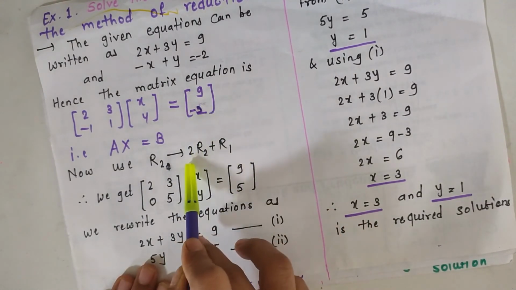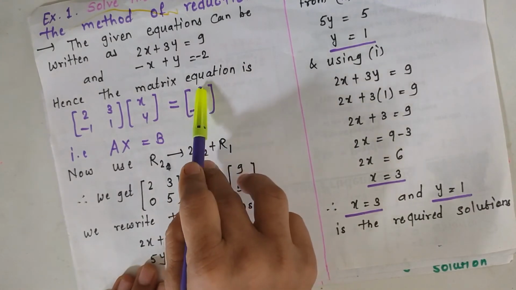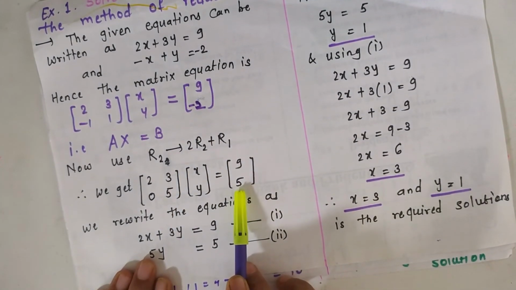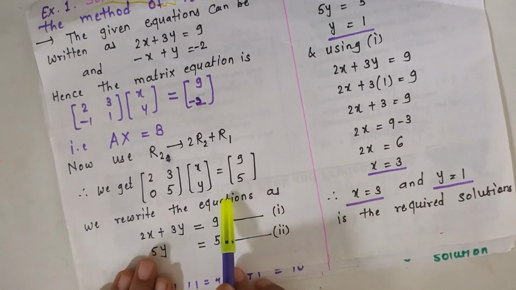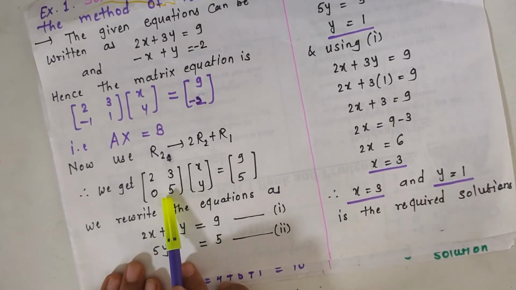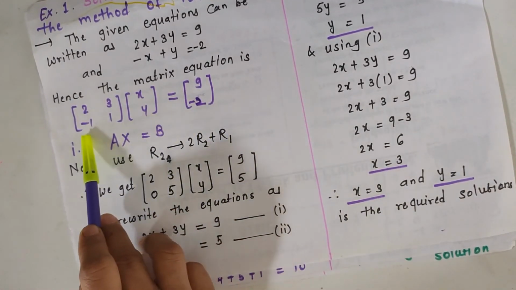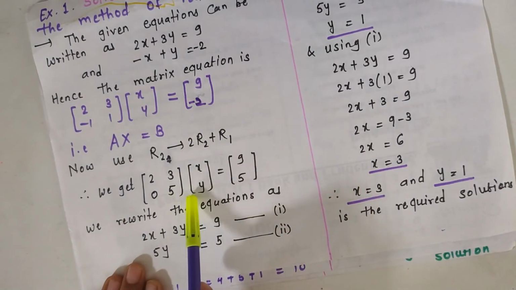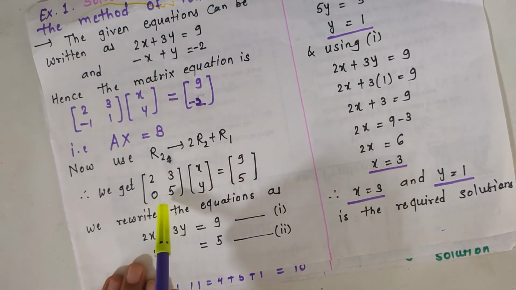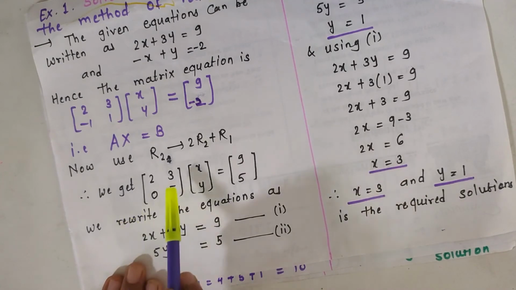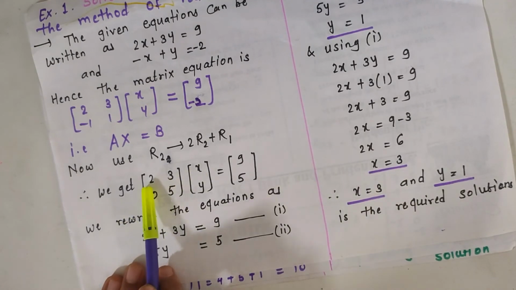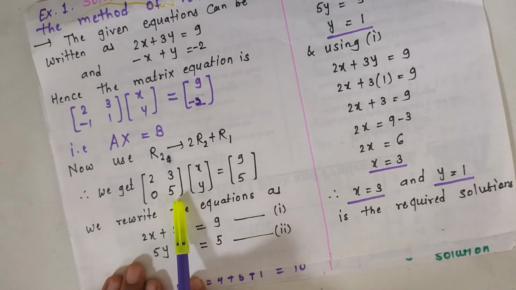So minus 2 into 2 is minus 4, plus 9 is equal to 5. In this way we can convert this into an upper triangular matrix. So this is the upper triangular matrix, 2 3 0 5.